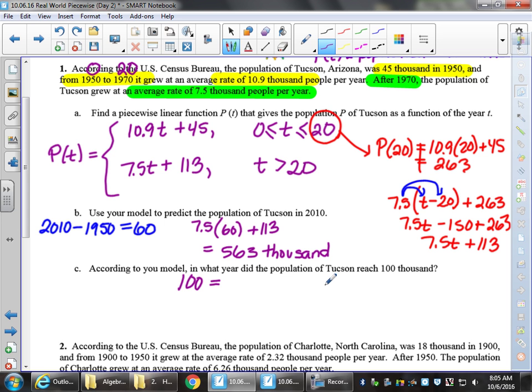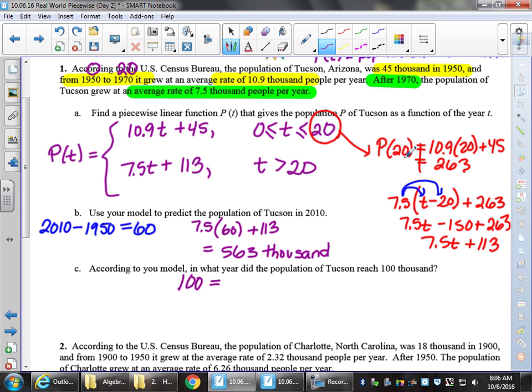Any other ideas? I like that idea. Very good. So you're both right. She sees that here, the initial value is definitely bigger than 100, right? She sees that when you calculate the population in 1970, you're at 260.